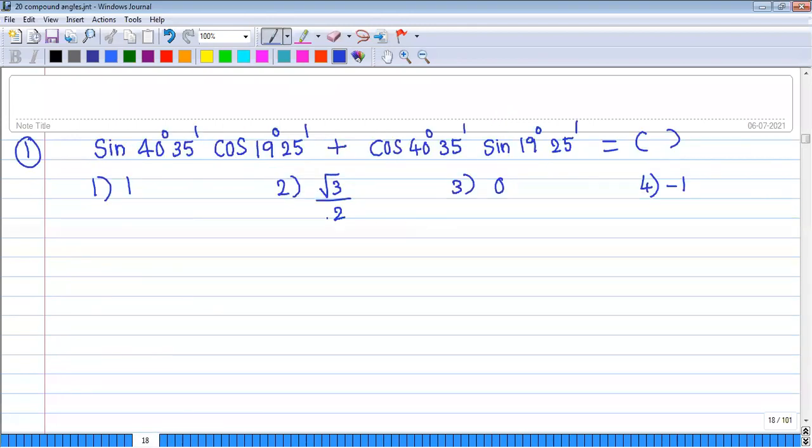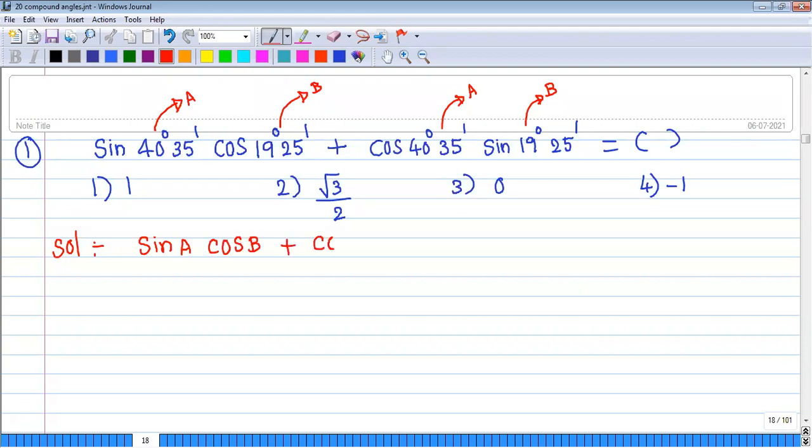Okay. So my dear students, first of all, say this is A and this is B. Now this expression appears to be sin A cos B plus cos A sin B. So what will you say about this value?